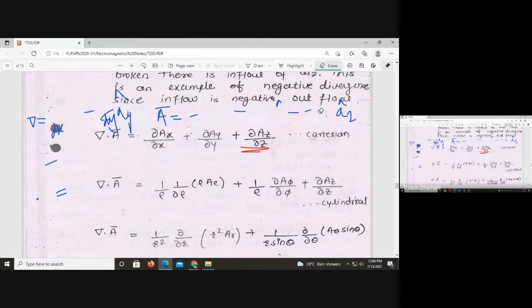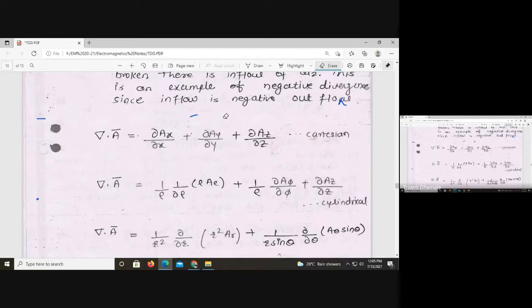Now, as per the result, del dot A bar is always a scalar quantity. The output of del dot A bar is a scalar quantity because the unit vector dot product vanishes. One होता है वो. So there is no unit vector to represent the vector. That's why it is a scalar quantity.